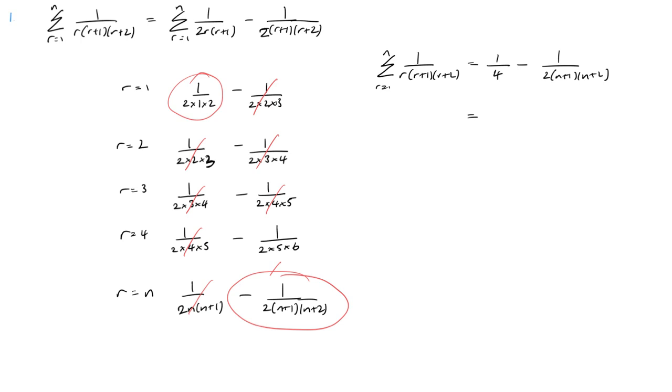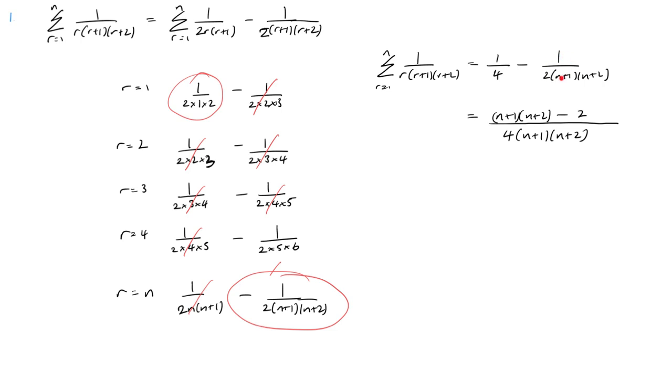Now all I've got to do is put this together into one fraction. And this is going to be over 4(n plus 1)(n plus 2). So this is (n plus 1)(n plus 2) minus 2, isn't it?